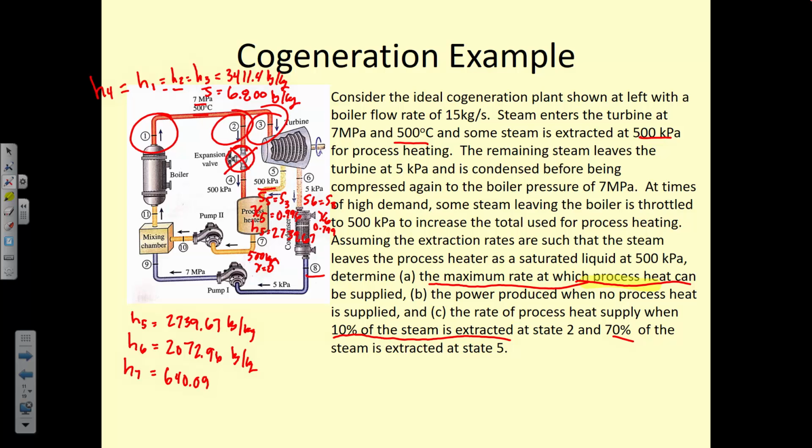State 8 coming out of the condenser is at 5 kilopascals. And we can look that up because we also know that it's a saturated liquid. So H8 is 137.75 kilojoules per kilogram.